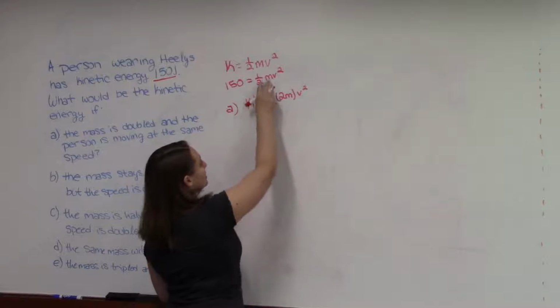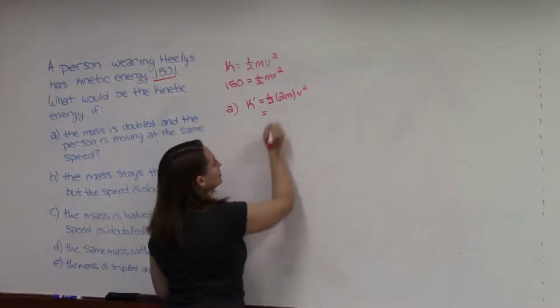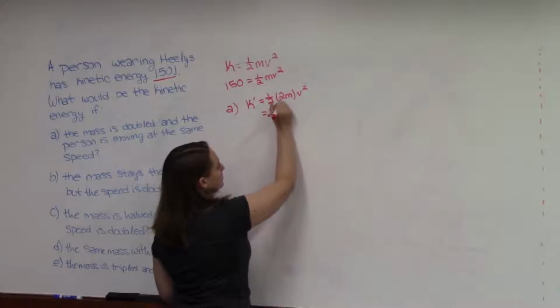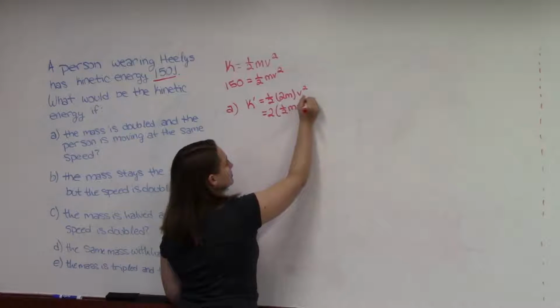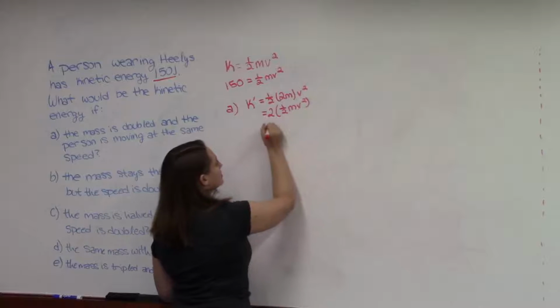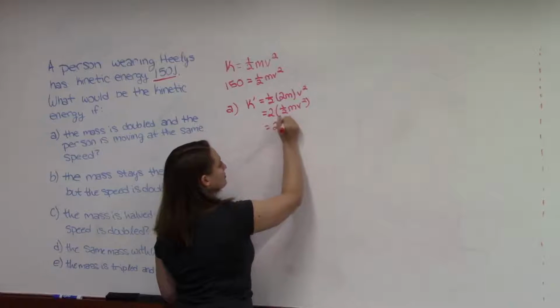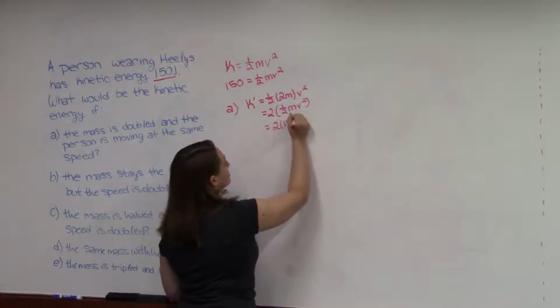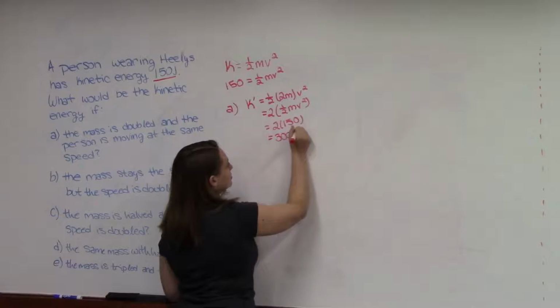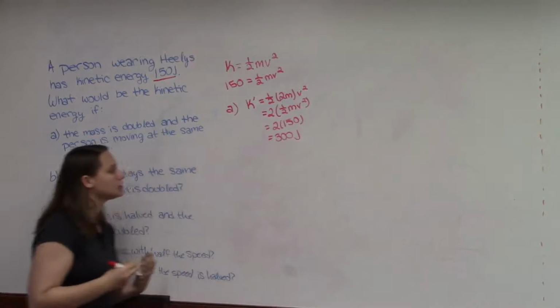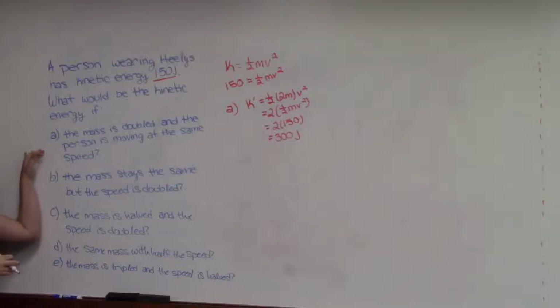To get that 1/2 mv squared together, we pull out a 2, and then we have 1/2 mv squared. So we can sub in our 150. 2 times 150 gives us 300 joules. So if our mass is doubled and our velocity stays the same, our kinetic energy doubles.